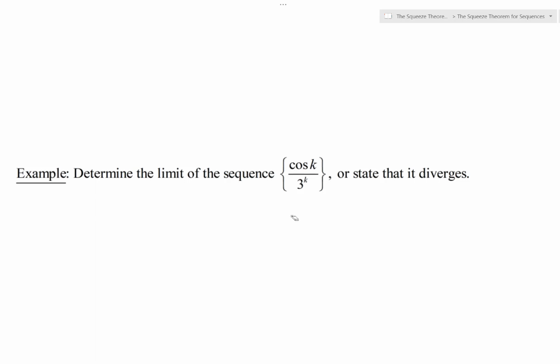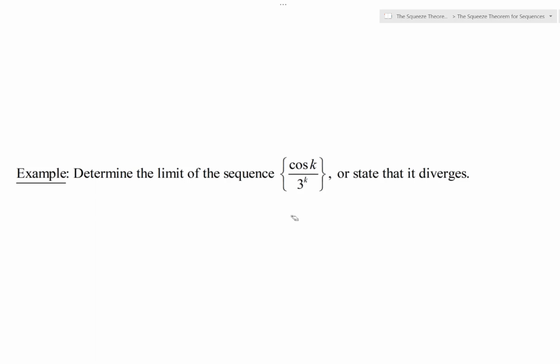It's just going to be trapped between the values 1 and -1. And in the denominator, 3 to the k is going to go to infinity. So you have numbers between 1 and -1 being divided by some number that's getting enormously large as k goes to infinity.